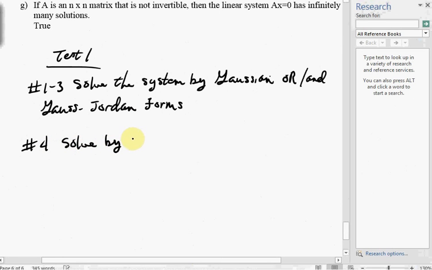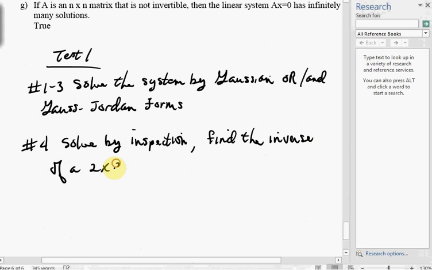So just say solve by inspection, comma, find the inverse of a 2 by 2 matrix. Number 5, multiply matrices.